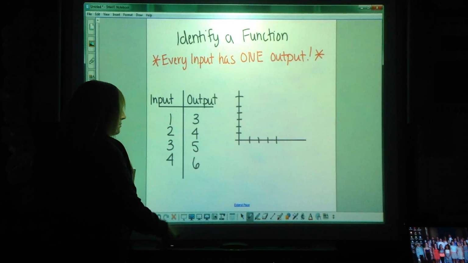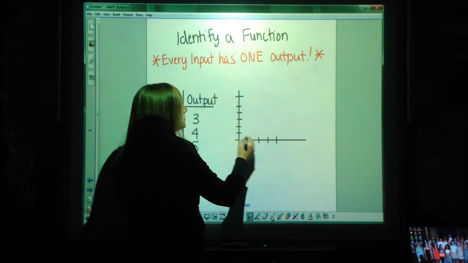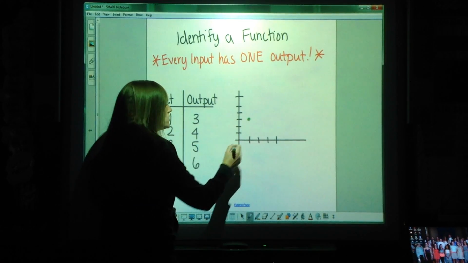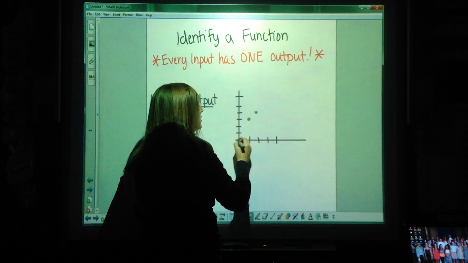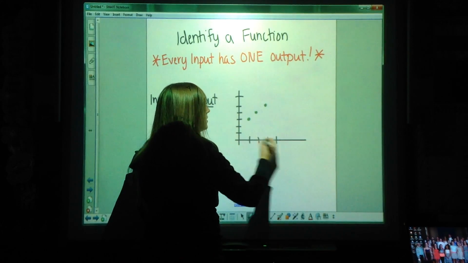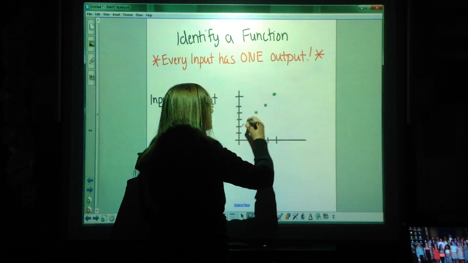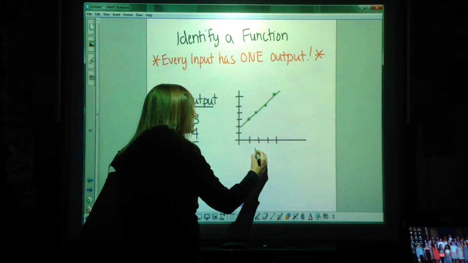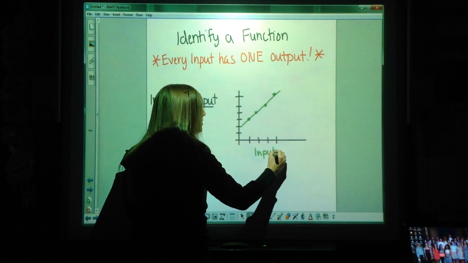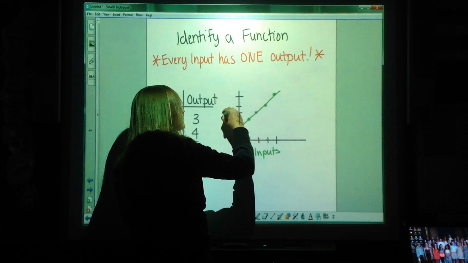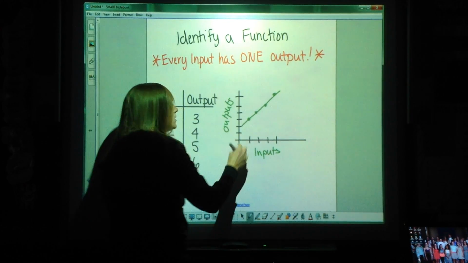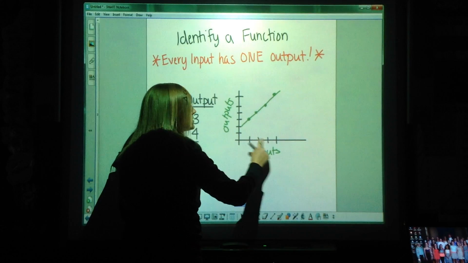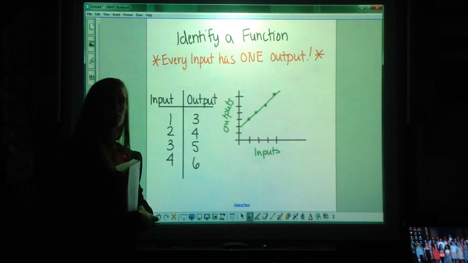I'm going to graph them. 1, 3, 2, 4, 3, 5, and 4, 6. Okay, now keep in mind, these are our inputs down here. And these are our outputs. Every input only has one output. So it's looking like it's a function.